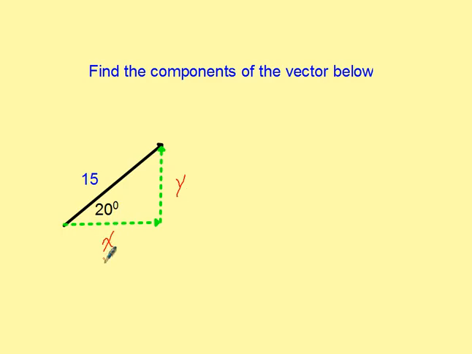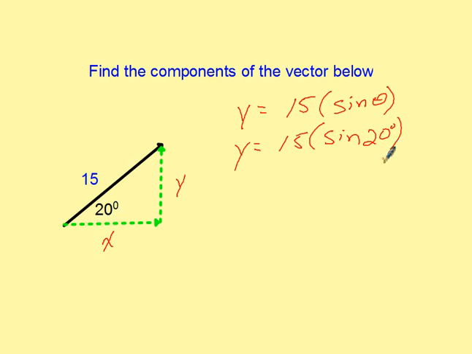If you remember what we took in our notes the other day, to find the y component, we take 15, the magnitude of the hypotenuse, and multiply that times sine theta to get y. So y is equal to 15 times the sine of 20 degrees. So y equals 15 sine 20.